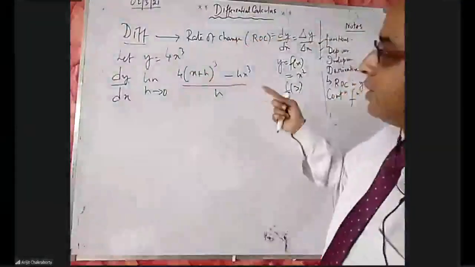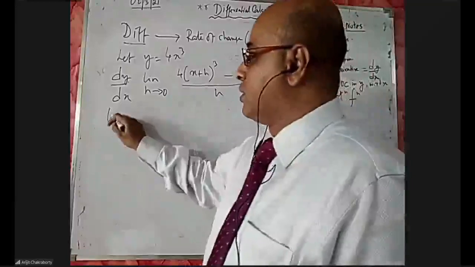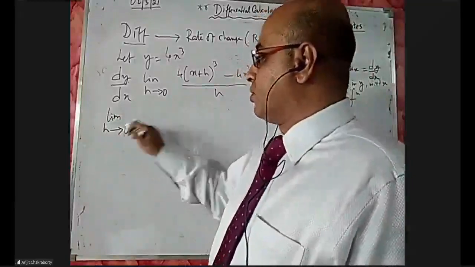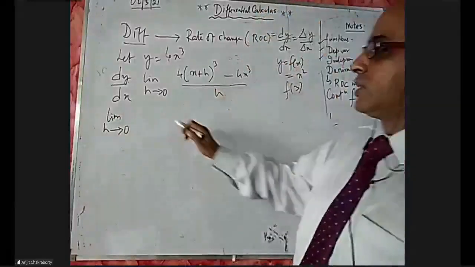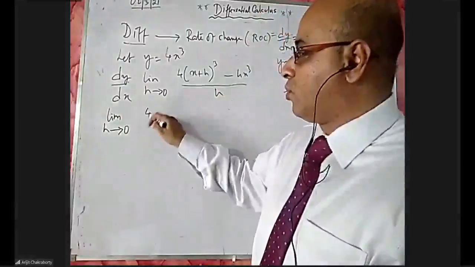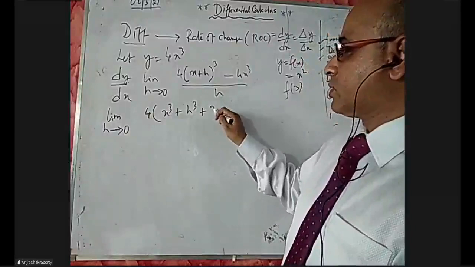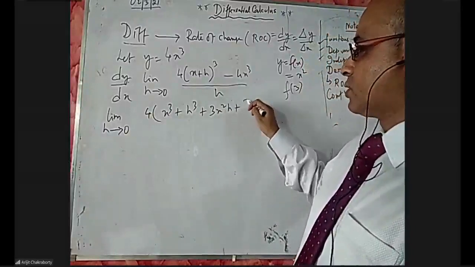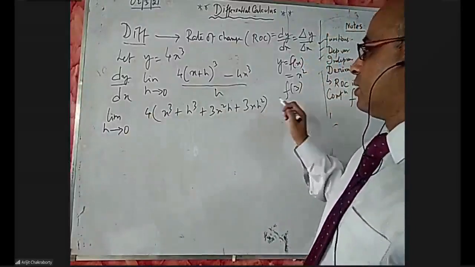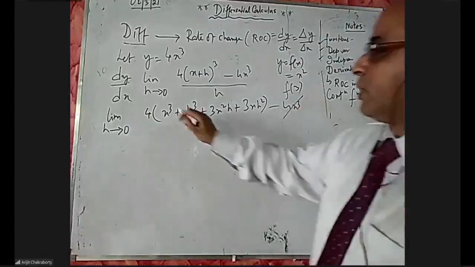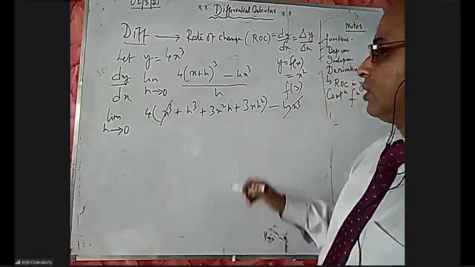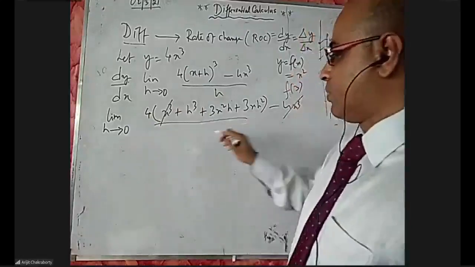And finally, if you work it out, let's see what we get. Limit h tends to 0, 4 into x plus h whole cube, that means 4 x cube plus h cube plus 3x square h plus 3xh square, minus 4x cube. So this 4x cube and this 4x cube get cancelled out, divided by h.